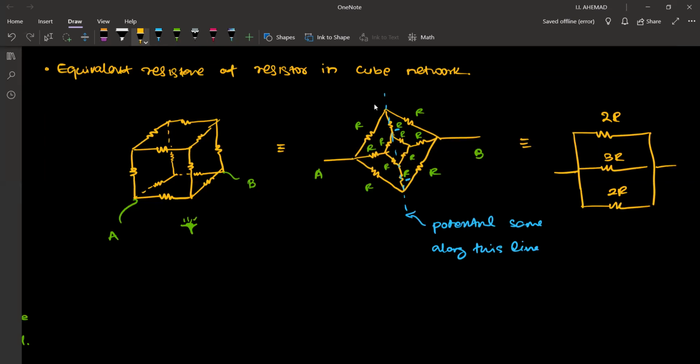See if you have got this. So this is identical. R and R is 2R and 2R is R. Next, 2R by 4. Got this?